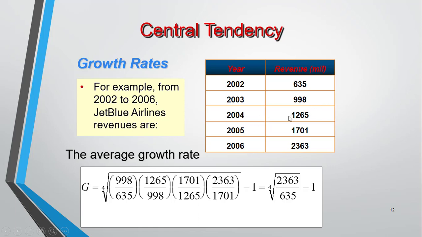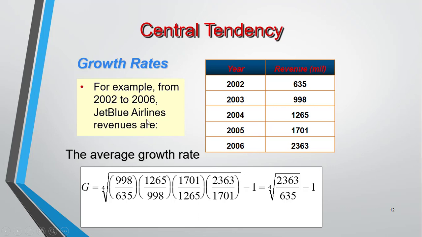And the next year, 1,265 million, or $1.2 billion. In 2005, 1,701 million, and 2006, 2,363 million. That's pretty good. So how do you find the average growth rate over the years then?